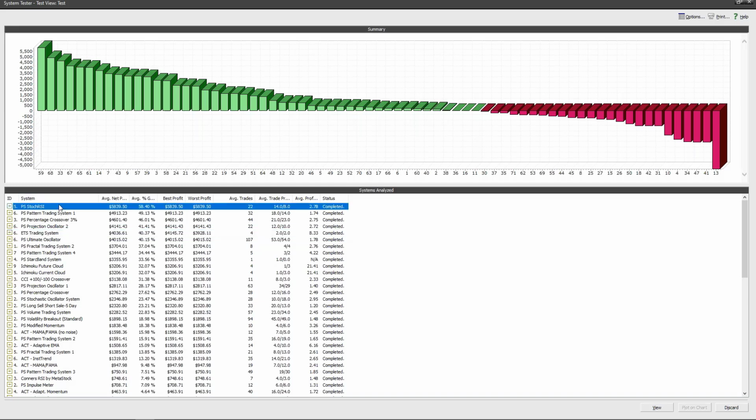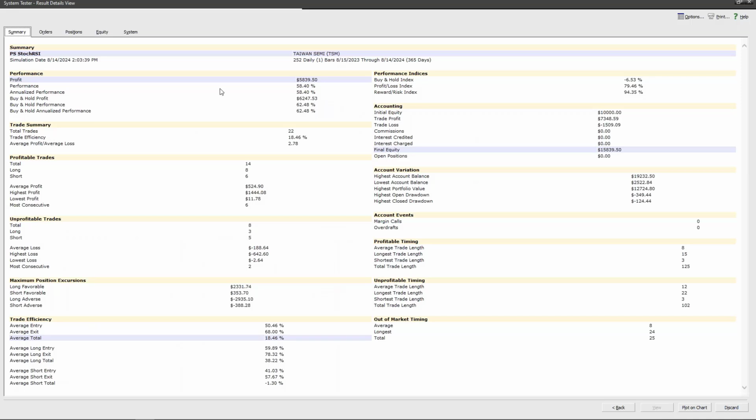Okay, but let's say that we did find something that we like. If I come onto this PS stochastic RSI, I'm going to click on View there. I can get a complete rundown of how many total trades there were, how many of those were profitable, what the average win size was, how many were unprofitable, what the average loss is, what the highest loss was, and how many losses we took in a row.